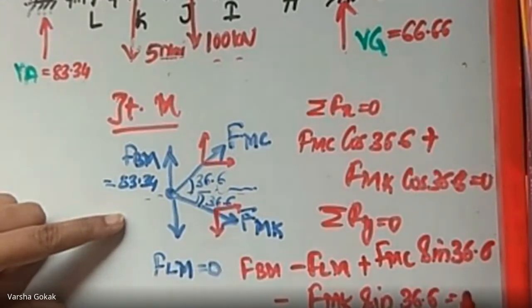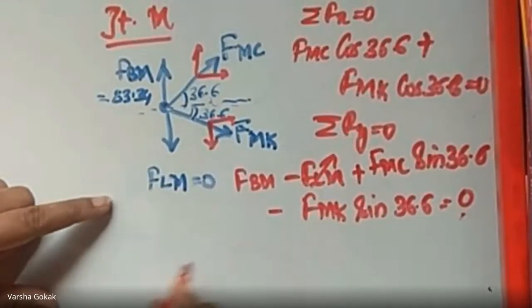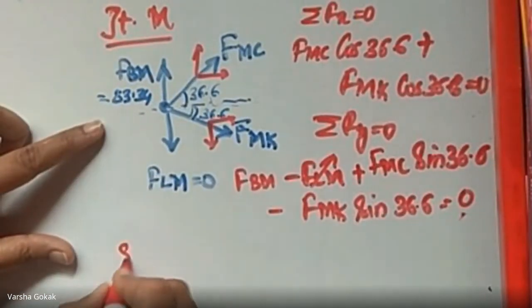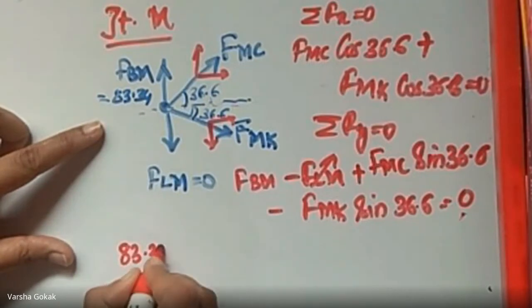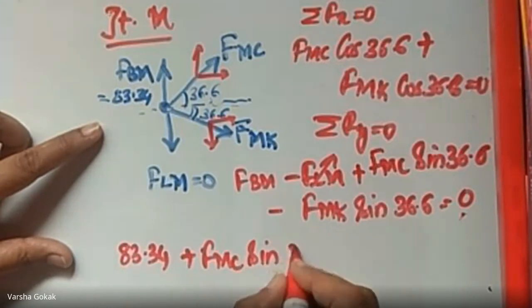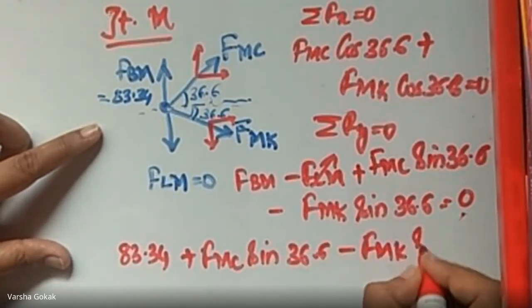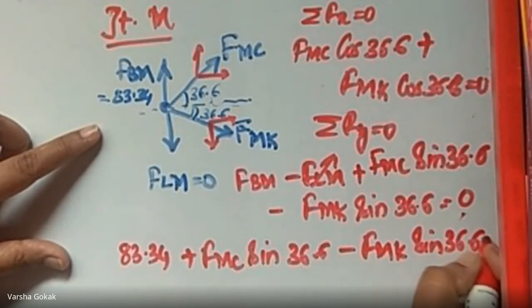This fellow is going down. Correct? So this is your equation. In that this is 0. FBM we have 83.34 plus FMC sine of 36.6 minus FMK sine of 36.6 equal to 0.